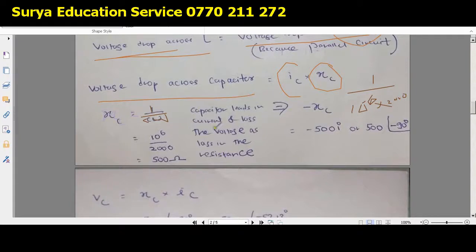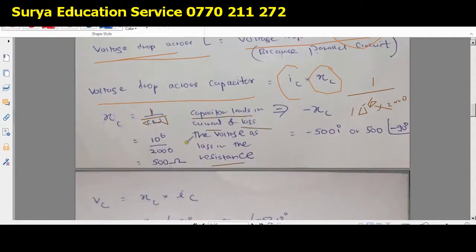Okay, so it is clear, because as we calculated the reactance value for the inductors, we calculate some value for the capacitors also. So the way of calculating that is 1 divided by C omega. So that is 500 ohms. But I told you capacitors lag in the voltage, right?